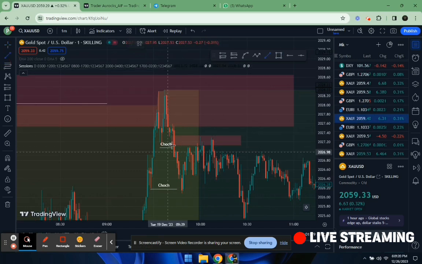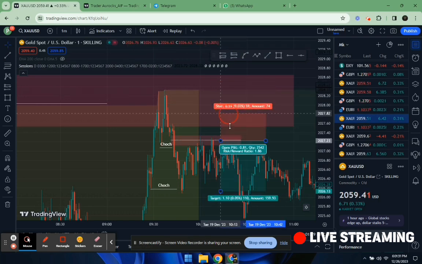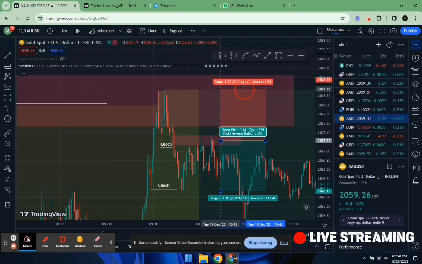I'm just telling you this if you're looking to catch super sniper entries. If I was trading a prop firm, then I would have put my stop loss here. But on my normal account, my stop loss would have just been here, and then could have gone for a 1 to 2, like I always say.